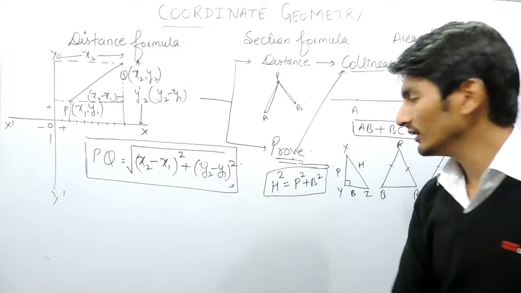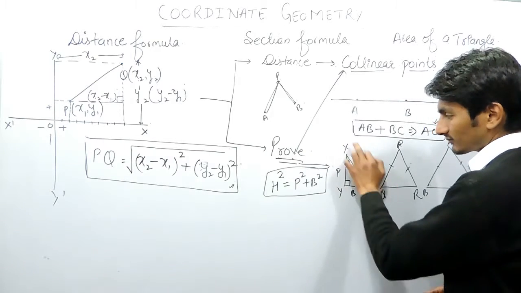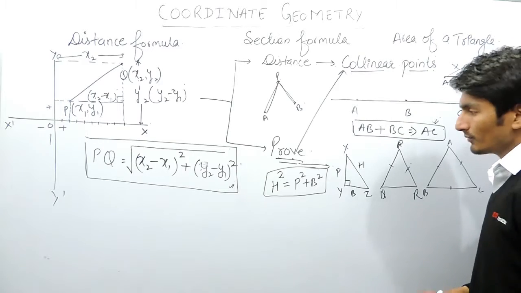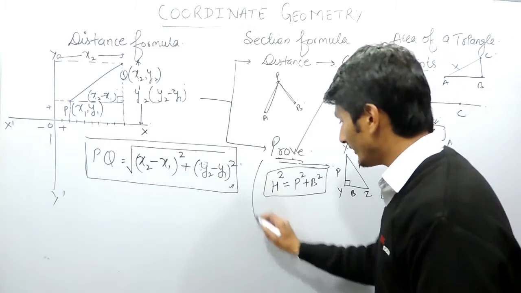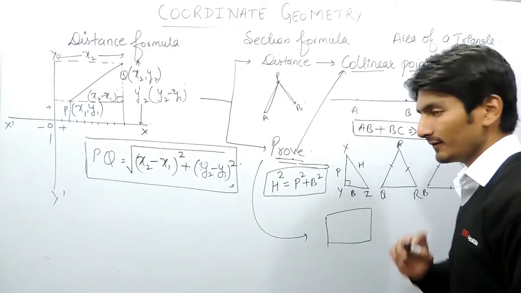If you are able to prove this, then this must be a right angle triangle. There is another proving where you have to prove for a quadrilateral.